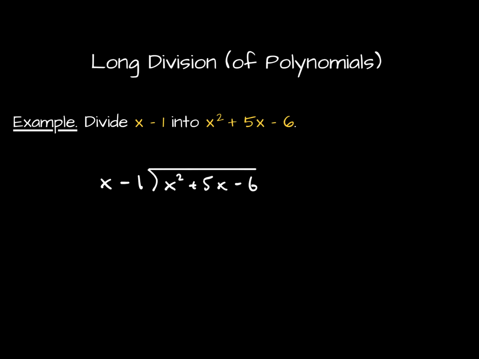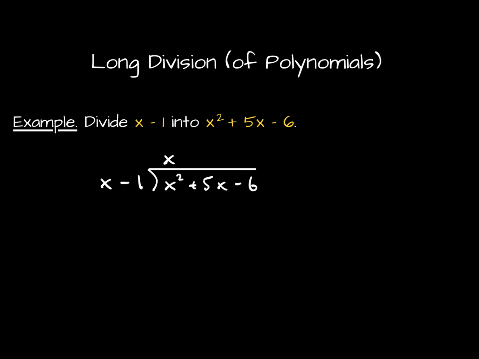And we now ask the question, what does the highest power term of the divisor, x minus 1, need to get multiplied by to match the highest power term of the dividend, x squared plus 5x minus 6? See if you can take a second to work that out. The answer is x, and once we realize that, we simply write an x on top of the division symbol.